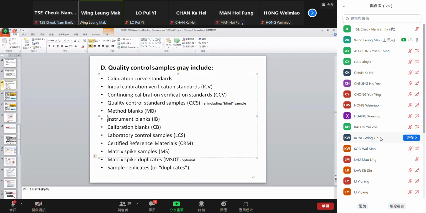Instrument blank. Instrument blank normally is the solvent. If the pure solvent gives you a signal, either the solvent has a problem or the instrument contains some residues from the previous analysis.